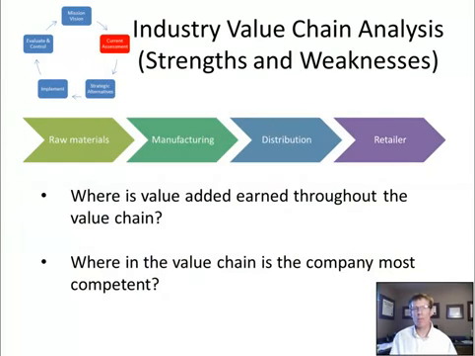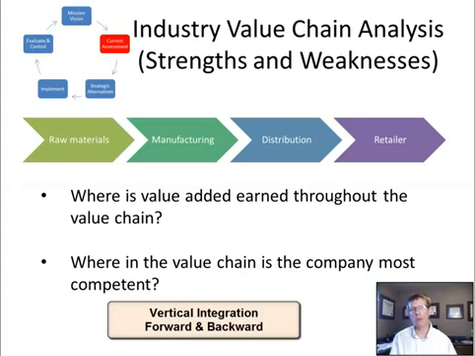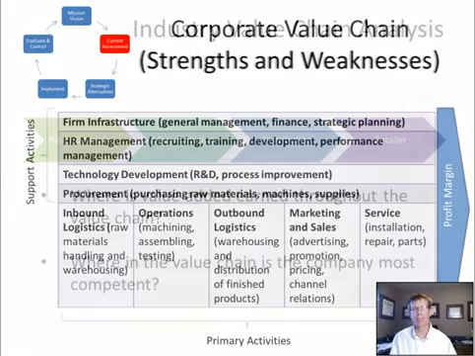Your strategy development team can analyze the value chain to identify where its primary activities lie and where in the value chain the company has the greatest expertise and competence. Growing the business backward or forward is called vertical integration, and it makes sense to reduce costs, guarantee access to key raw materials, or to guarantee distribution channels.